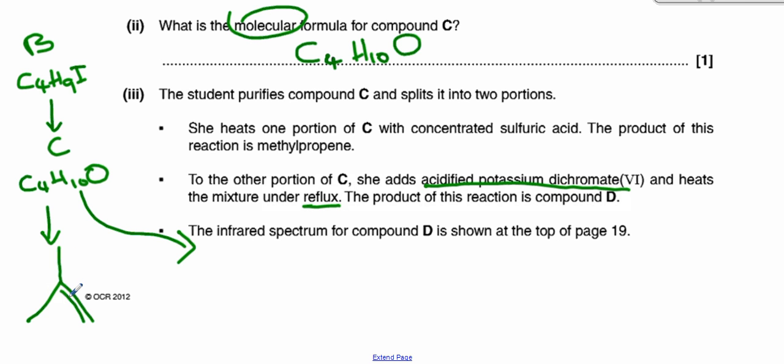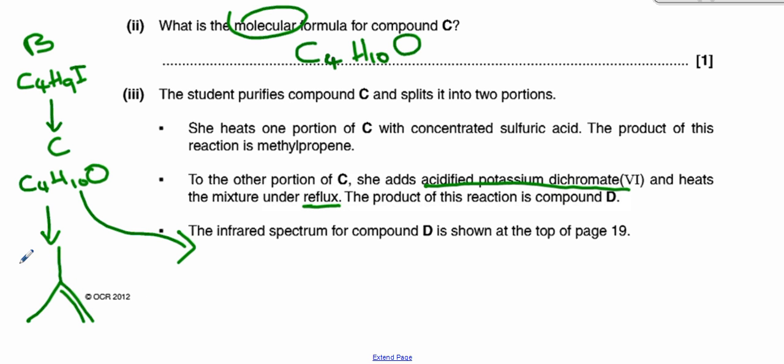Before I even look at the mass spec and try and answer this question, if I've got this branch here, can these be straight chains? Can I make, from the reaction of sodium hydroxide here and with sulfuric acid here, a straight chain from a branched one? And the answer is no, I can't.